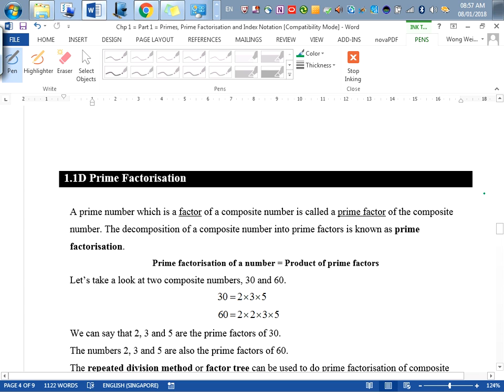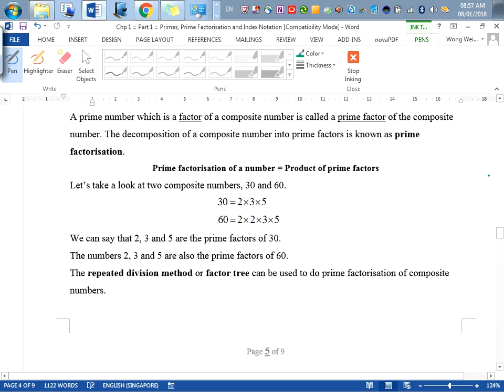Okay, then let us go on to prime factorization. Let us just look at the numbers 30 and 60. So we have seen that we can express 30 as something times something, right?